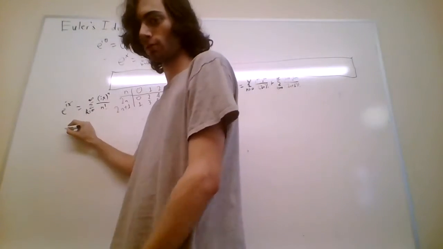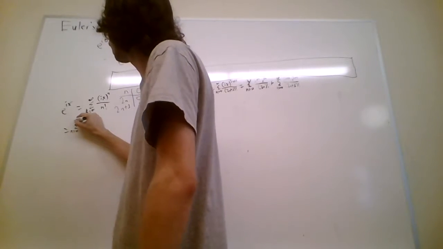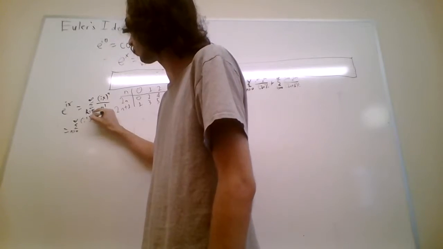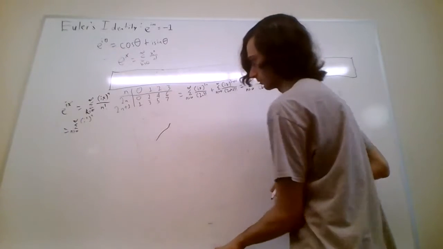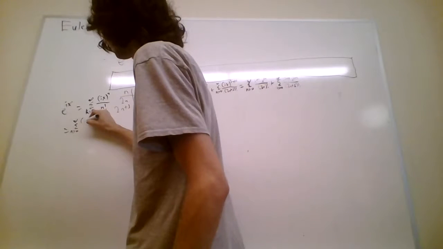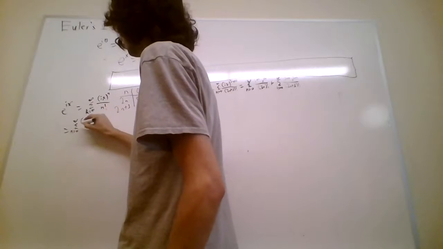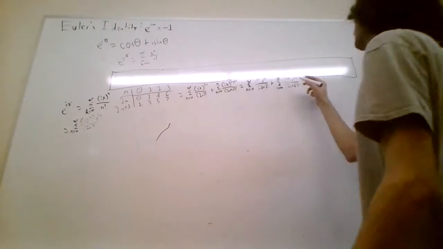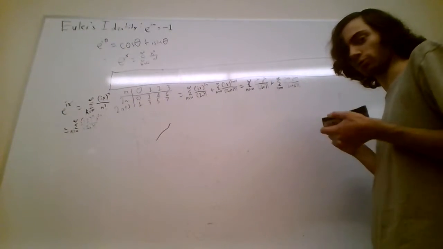So let's bring it down here. It's equal to the sum from n equals 0 to infinity of i squared to the n, and we know what i squared is, that's -1, so I'm just going to replace that with -1 to the n, times x to the 2n over 2n factorial. Now let's do the same thing for this term. We have a 2n plus 1, and if you add two exponents, you actually multiply the base.